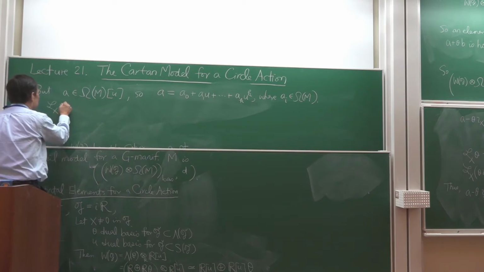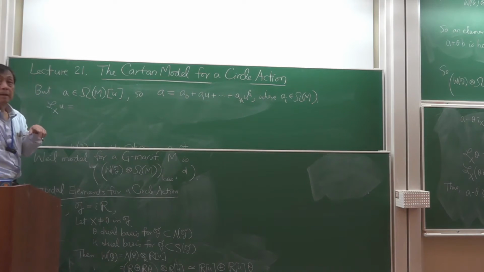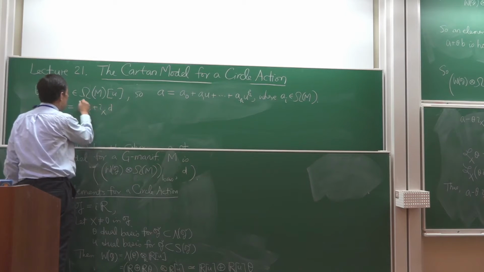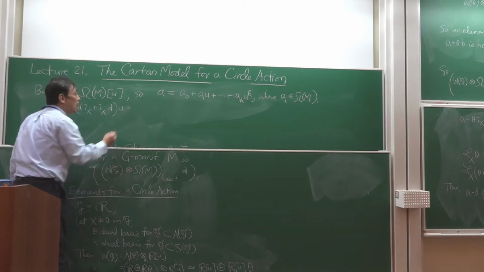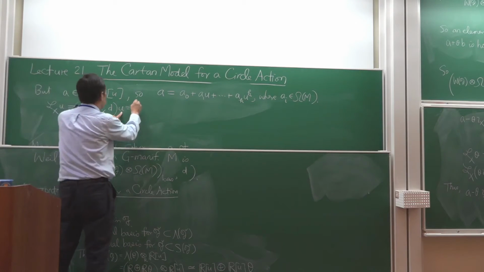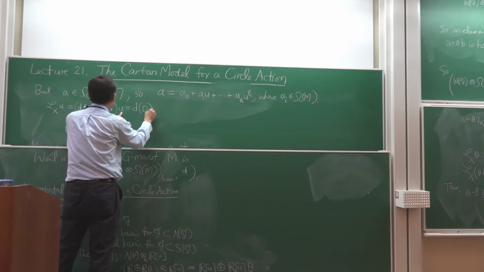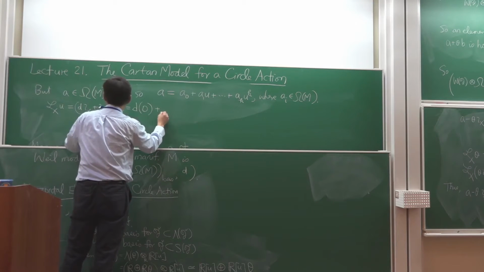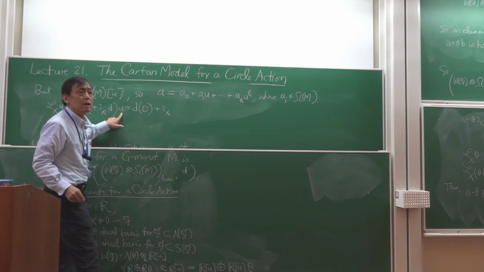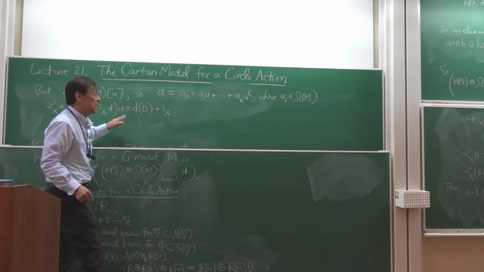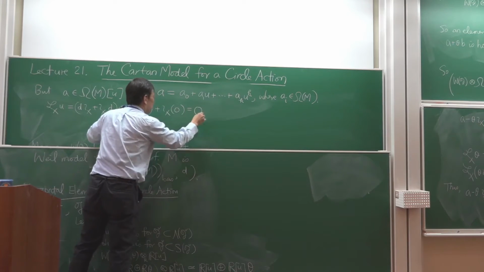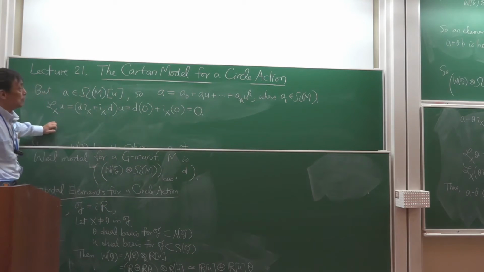Again, this is d I_X plus I_X d. And I_X of U is 0. And then d of U. U is d theta, so d of U is also 0. Okay? So L_X U is 0.